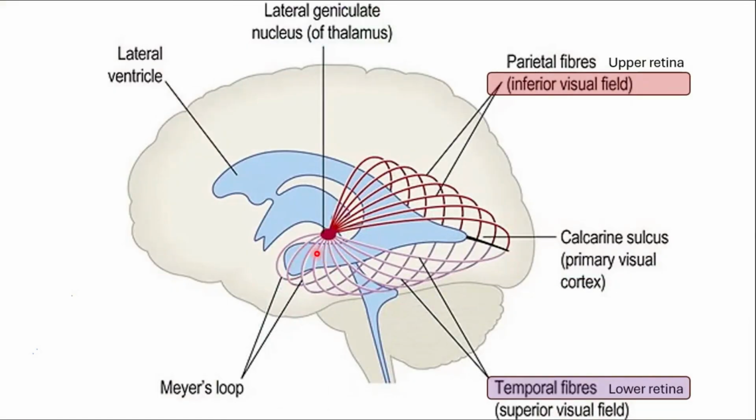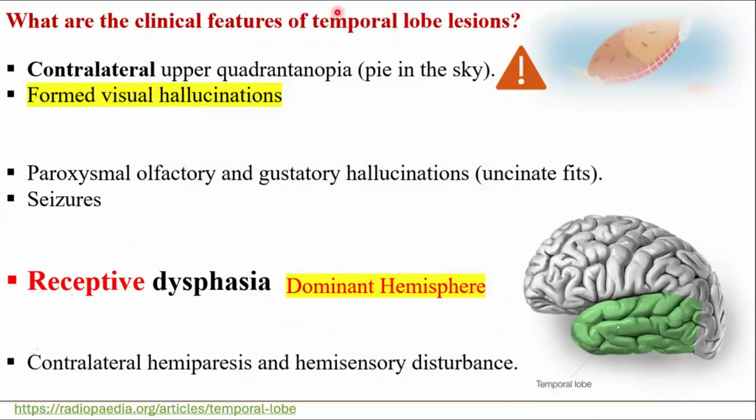So if we want to describe to someone what Meyer's loop is, this is like the temporal radiation looping around what? Looping around the temporal horn of the lateral ventricle, right?